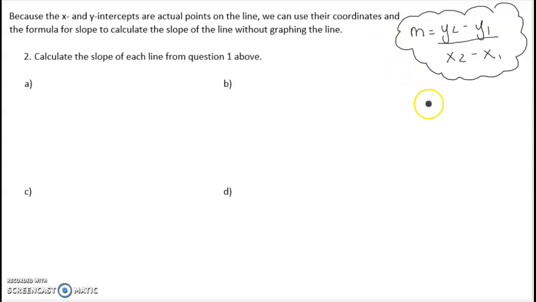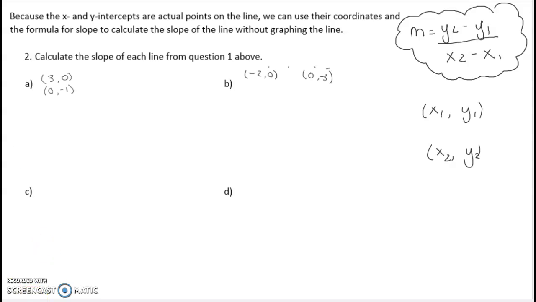Remember, you had to have 2 points. So you have an x and a y and an x and a y. We called one set of points x1, y1, and the other set of points x2, y2.